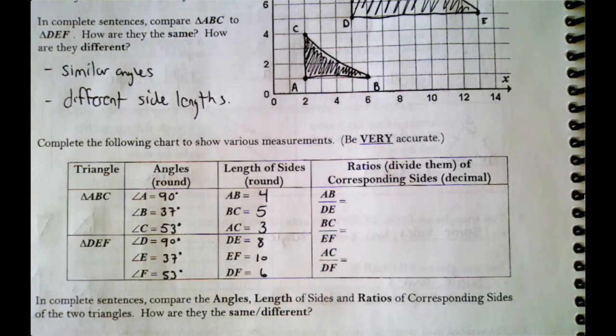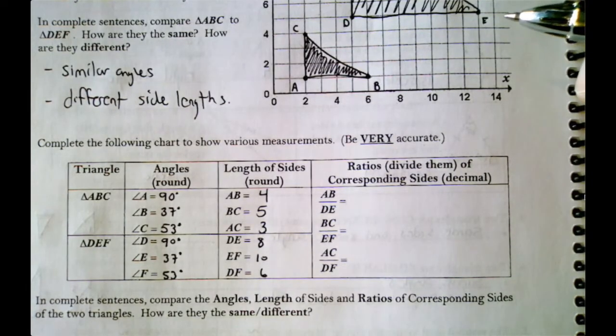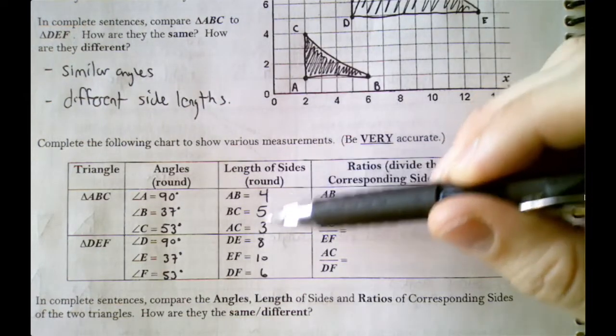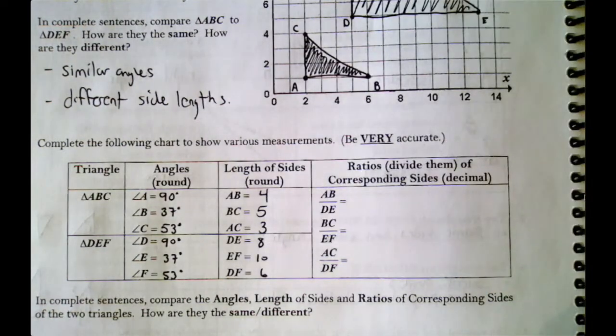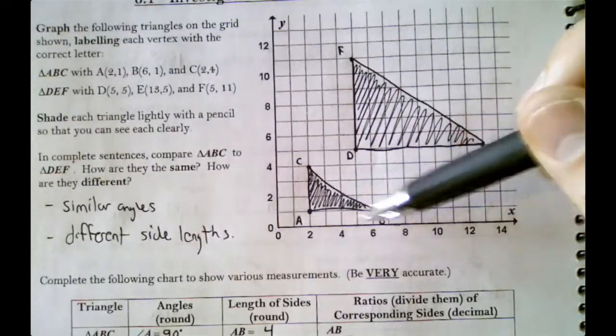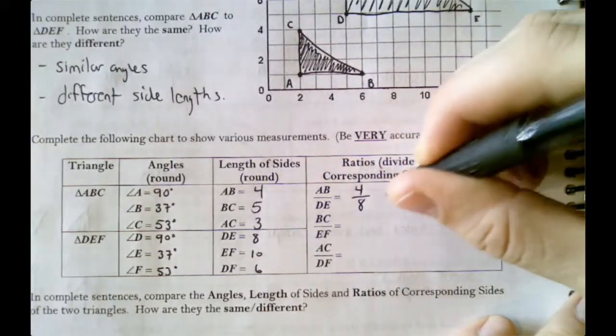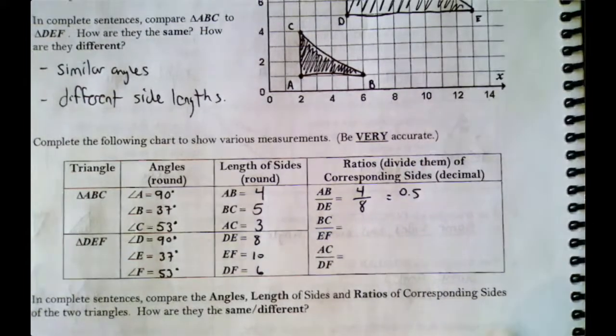Now what's neat here is if we look at the ratios of the similar side lengths, we get something consistent. If we compare AB to DE, the bottom sides, we get 4 over 8, which is 0.5.